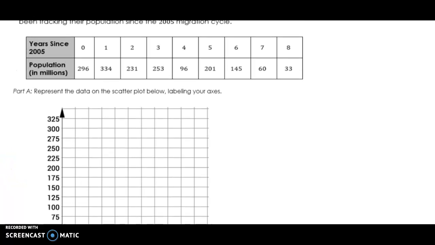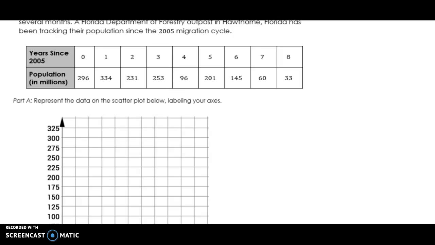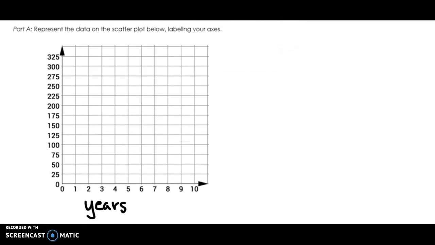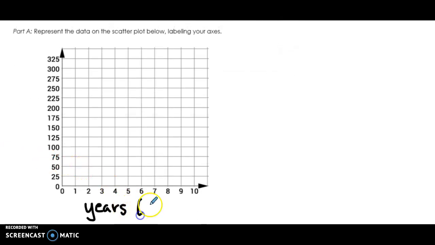On the x-axis, it's going to be years, because that is the independent variable. It's the thing that affects the other thing. So that's years since 2005. And then on the y-axis, you put your dependent variable.